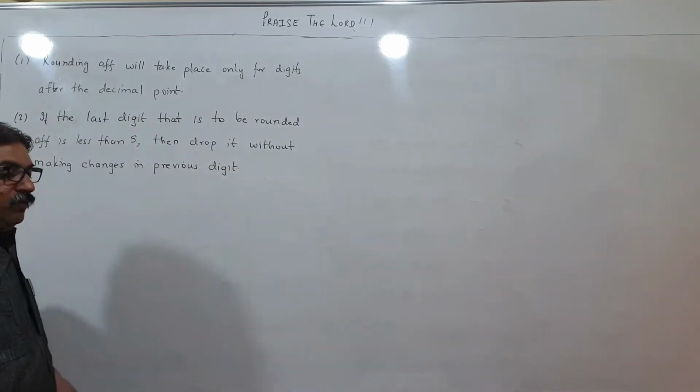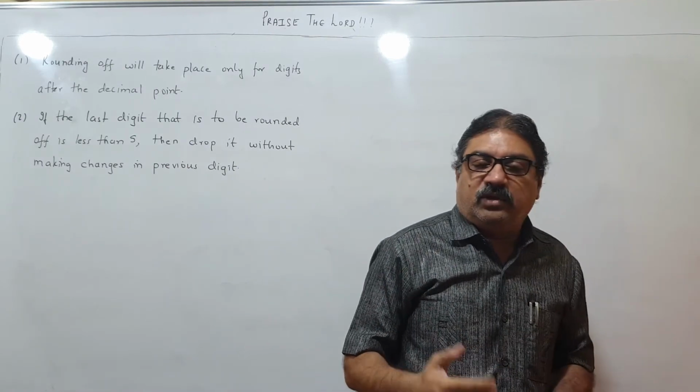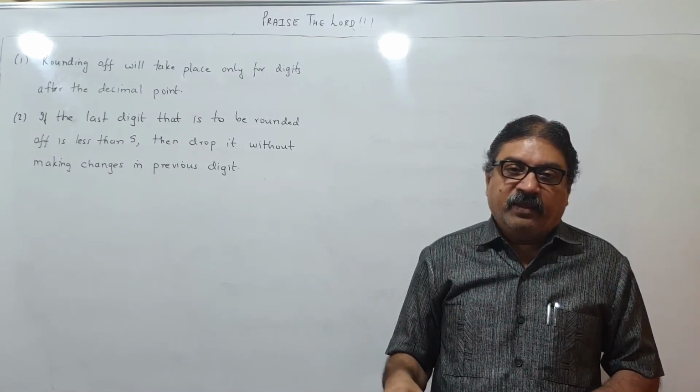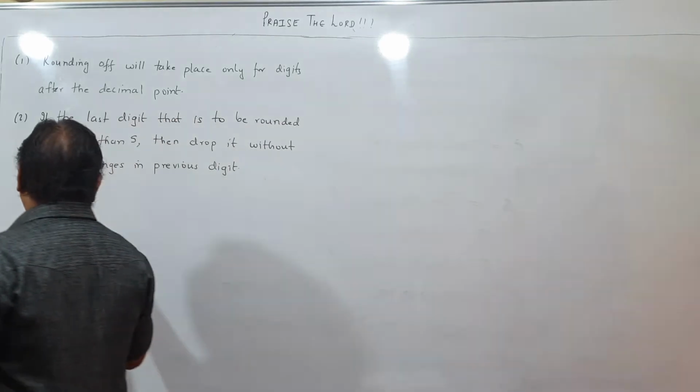Okay, so if you want to round up the last digit, if it is less than 5, say 0, 1, 2 or 3 or 4, then you have to drop it without making any changes to the previous digit. Let us understand the examples.